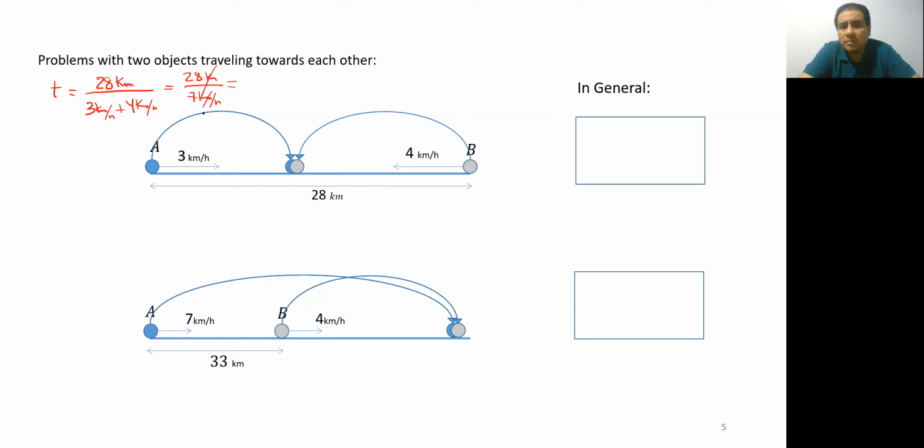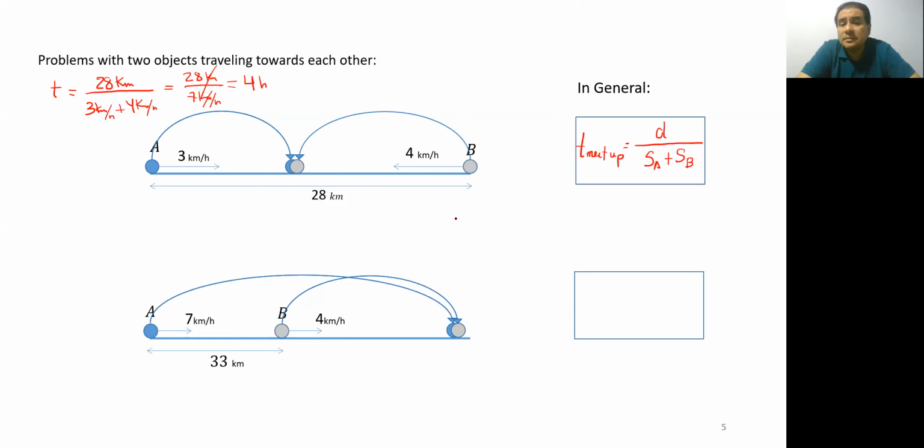And kilometers go away, we have 4 hours. Okay, so in general, when it's about two objects traveling towards each other, the time to meet up is just the distance that separates them at the beginning of the motion divided by the sum of the speeds of the two mobile objects.